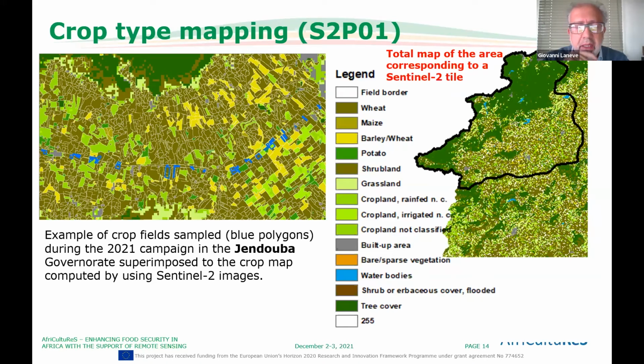We are using the phenology, the temporal series of Sentinel-2 images, in order to map the different types of crops. And of course, in order to do this, we are exploiting the ground truth data provided by our colleagues from Tunisia, because in order to proceed with this mapping, with this classification, we need ground data. Okay, you can go on to the next one.